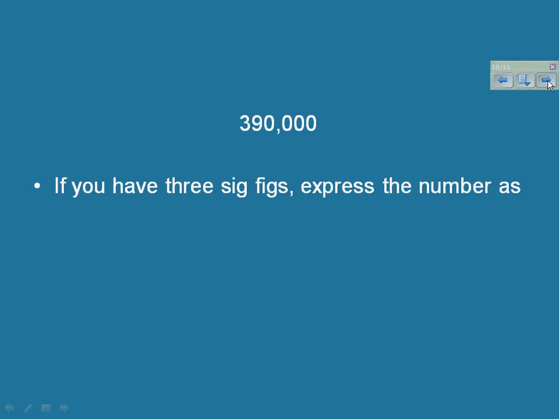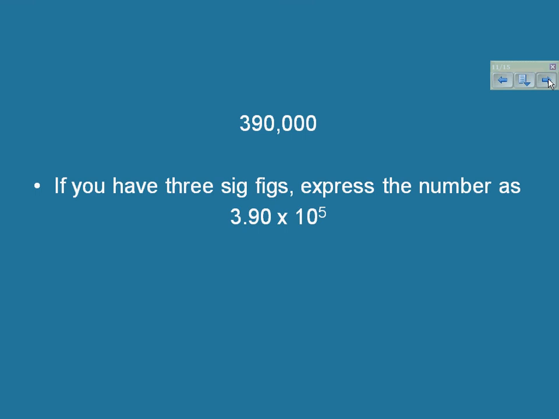Now, what about if we had to express it as 3 sig figs? How could you do that? Hopefully you're saying, oh, scientific notation, that's how I do it. So changing this to scientific notation, you have 3.90 times 10 to the 5th. So the 3.90 gives you 3 sig figs times 10 to the 5th gives you the value.